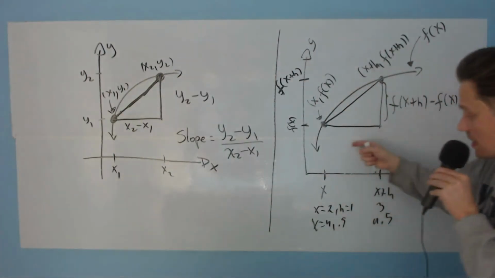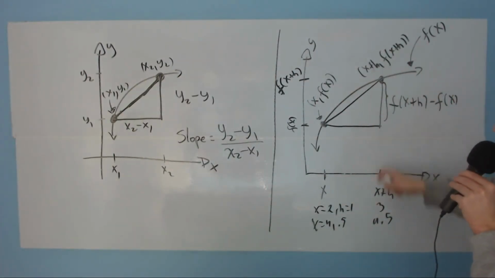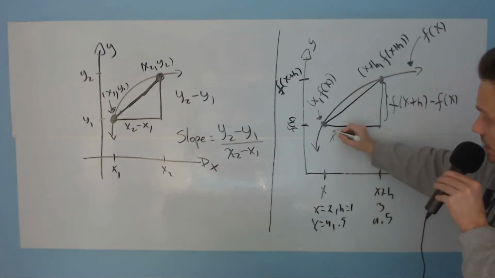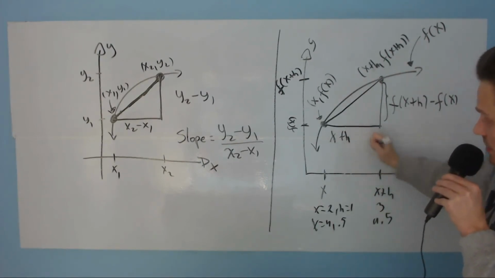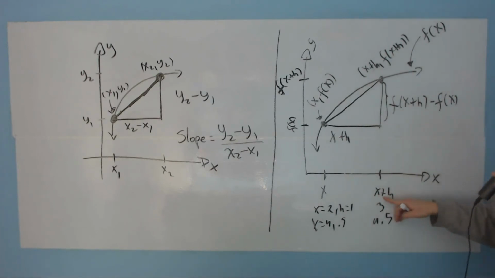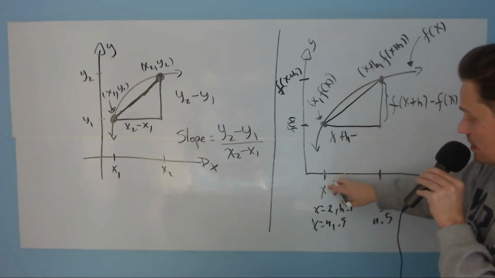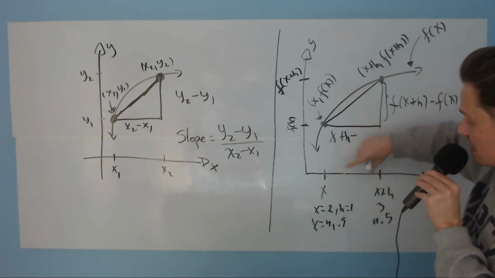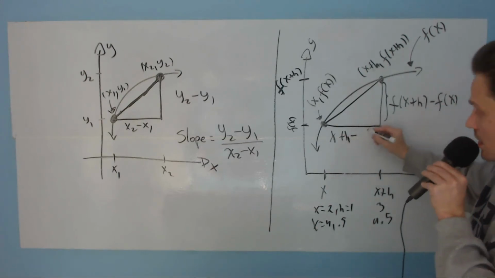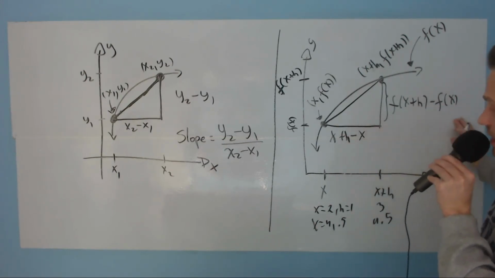So what's the logical equivalent here? Think about this. You would do x plus h, which is the value of x at this point right here. And you subtract from it the original, which is x. You want the spacing between them.